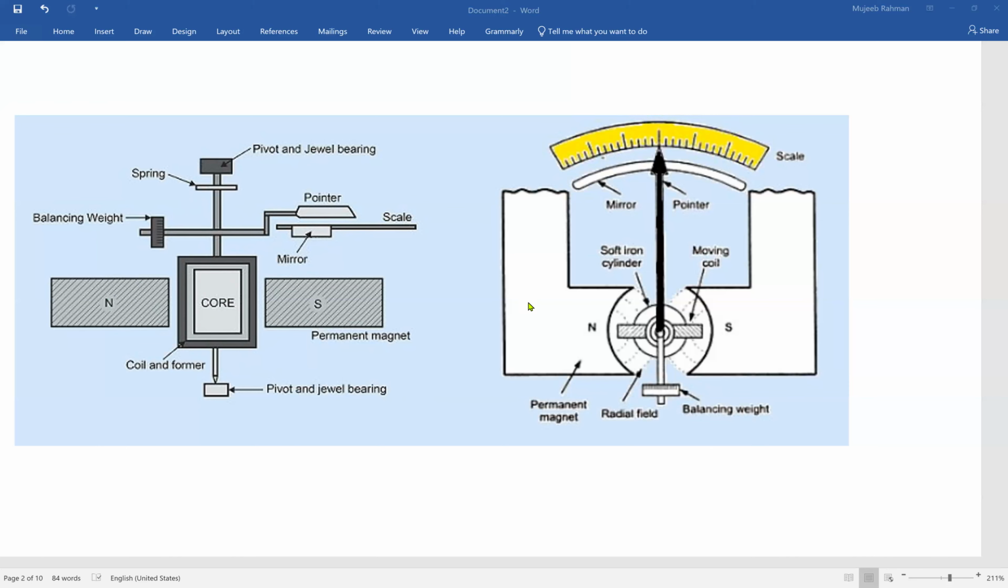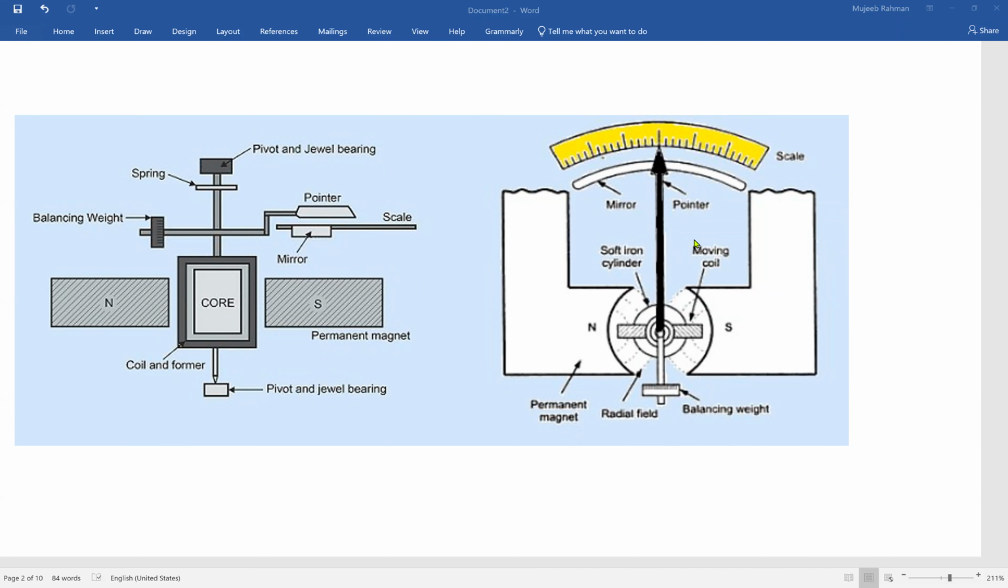So this is basically a top view of the same instrument. You can see this is a calibrated scale, and there is normally a mirror. It is used to overcome the parallax error, because normally if you want to read the value from the instrument, you have to make sure that you read it from the center.